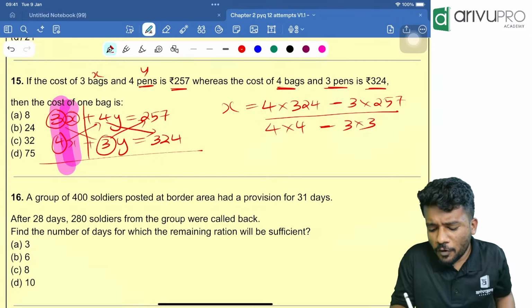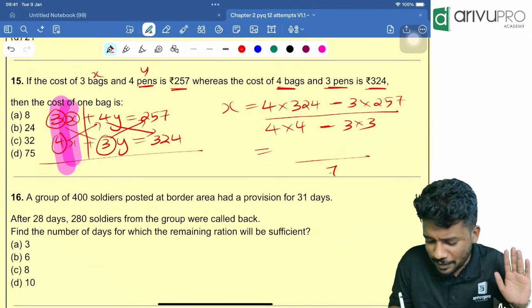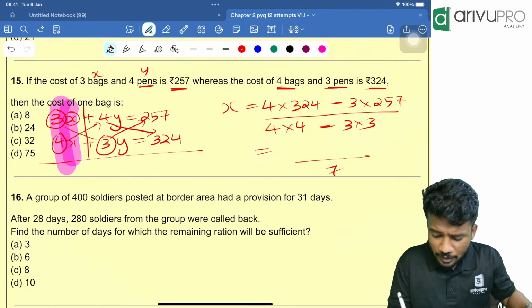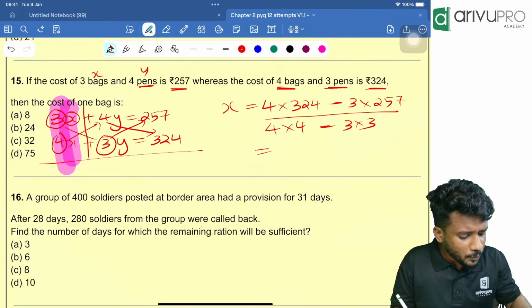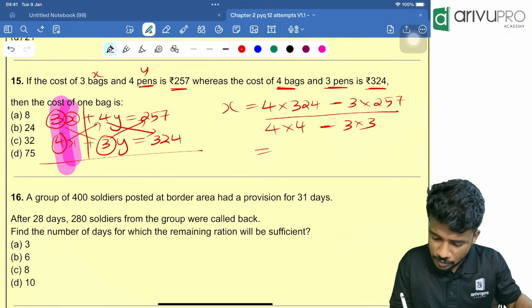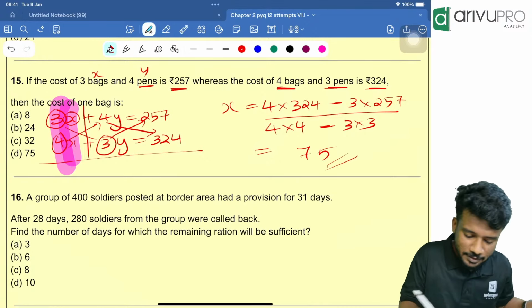Done. 4 into 4 minus 3 into 3 is 16 minus 9, how much? 7. Now take your calculator and find the numerator. Clear the memory. 4 into 324 M plus, 3 into 257 M minus, MRC, divided by 7. How much are you getting? 75. Direct answer. Got it?